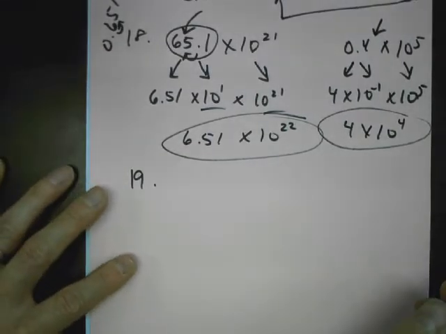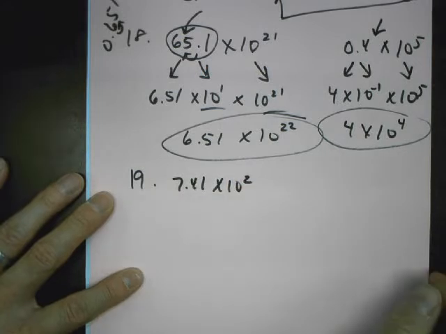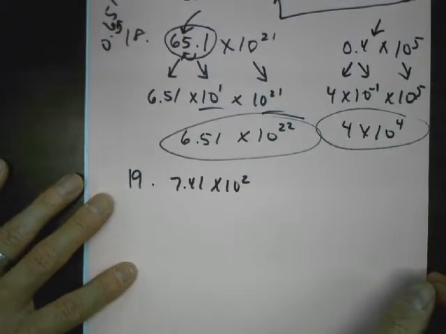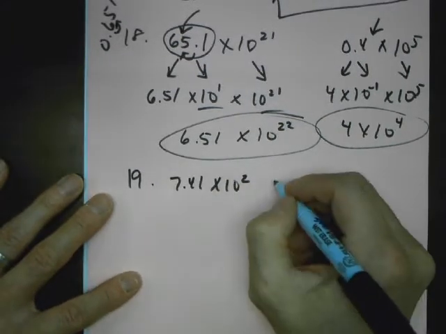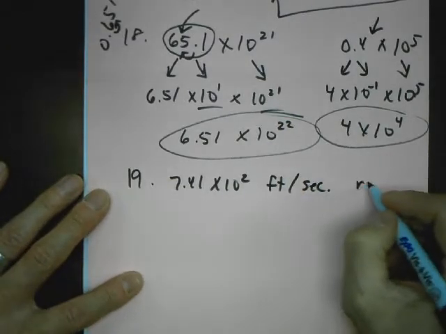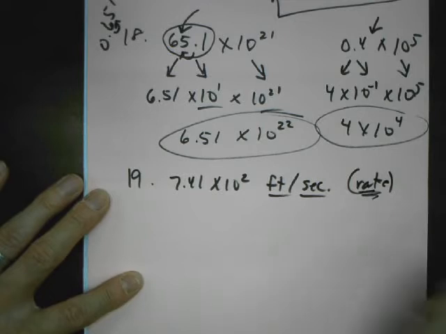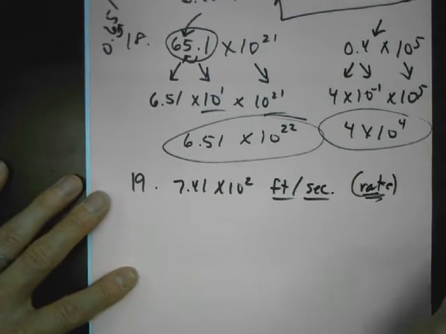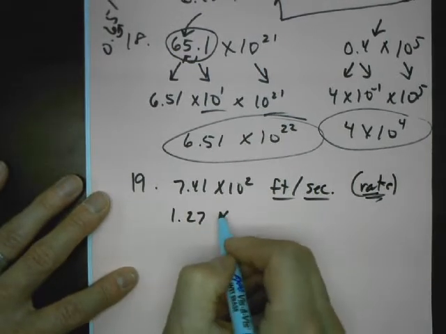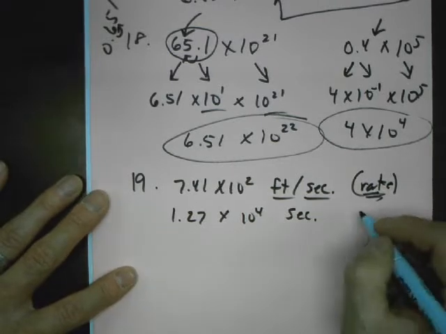19. A passenger plane travels at 7.41 times 10 to the 2nd feet per second. So this is feet per second. That's a rate. If they say per and they give you 2 units of measure, that's a rate, the R speed. Okay. The plane takes 1 and 27/100ths times 10 to the 4th seconds to reach its destination.